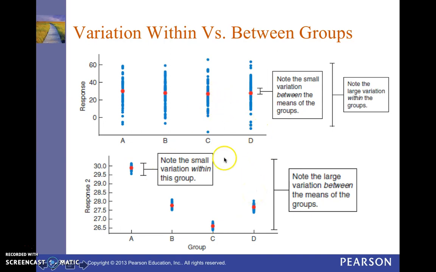You could have very little variation between groups but a lot of variation within the groups. Or you can have a situation like this, where there is very small variation within each group, yet the variations between groups are considerably different, especially between, say, group A and group C.